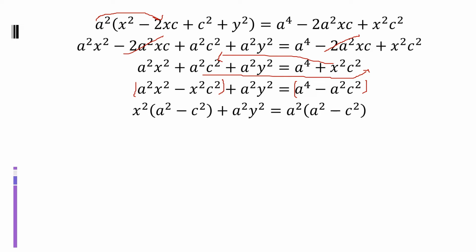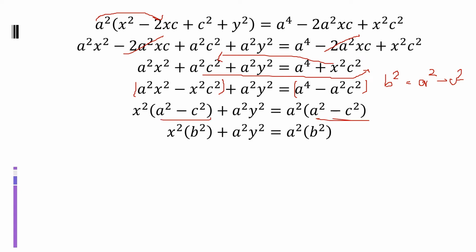But remember, sabi ko kanina, merong relationship na b squared is equal to a squared minus c squared. Therefore, a squared minus c squared here and here are just equal to b squared. So we have x squared b squared plus a squared y squared is equal to a squared b squared.